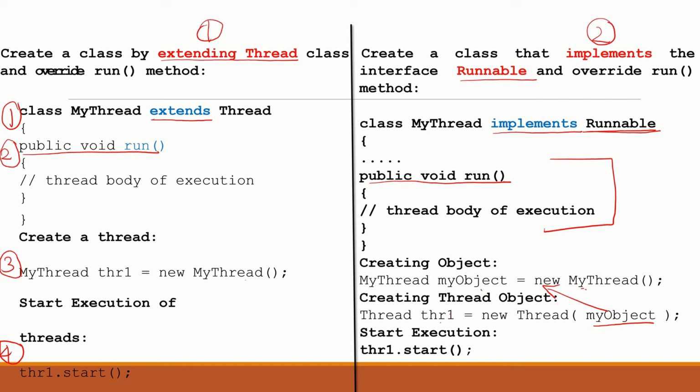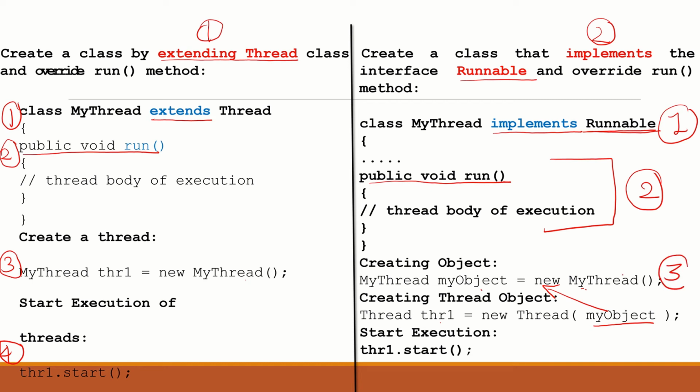You have to use the Thread constructor by passing a runnable object. My object is a runnable object, and this is passed as an argument to the Thread constructor, and then you start the execution. So here, how many steps do you have to remember? Step 1 is implements Runnable. Step 2, implement your run method.